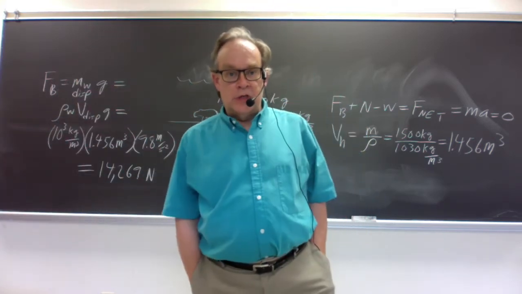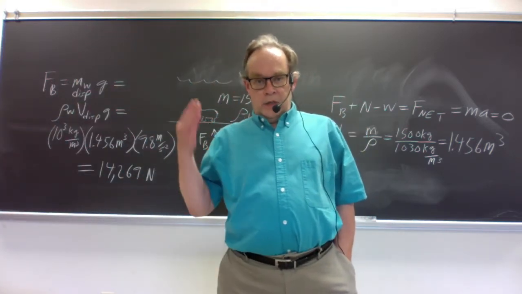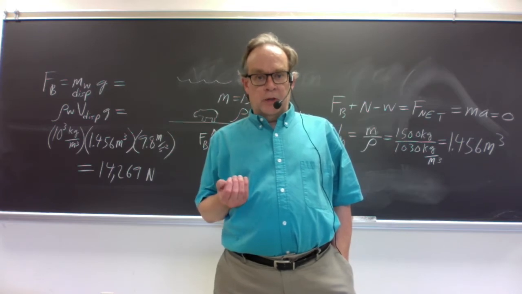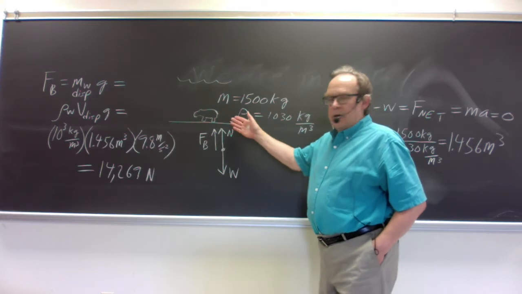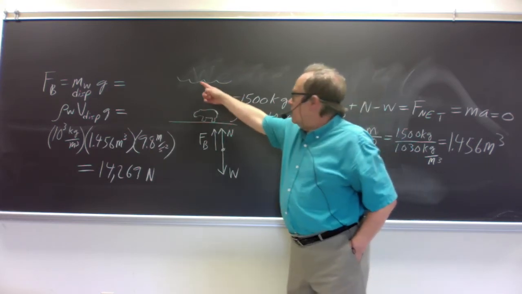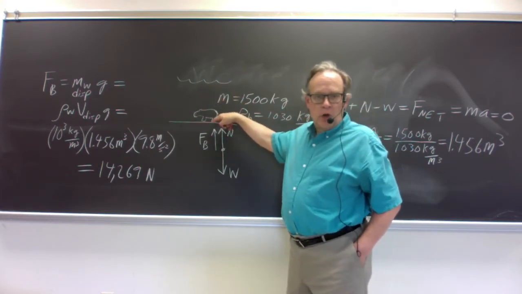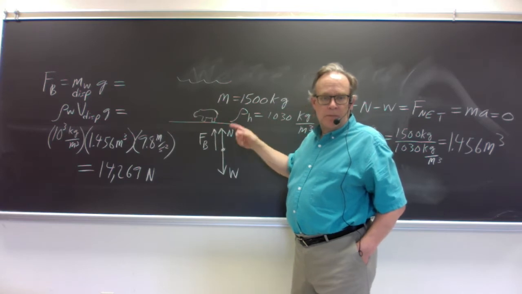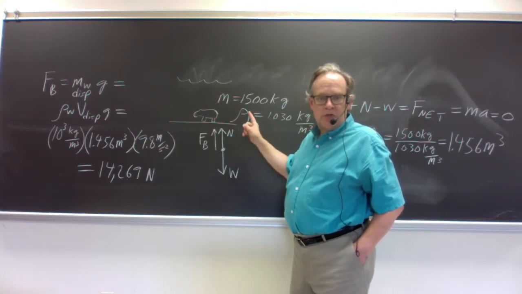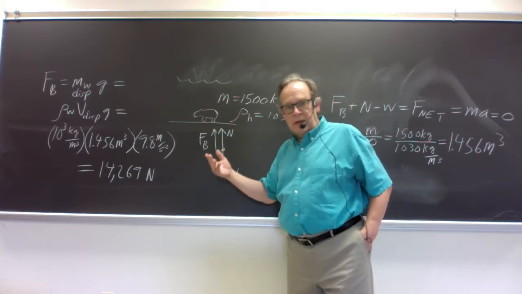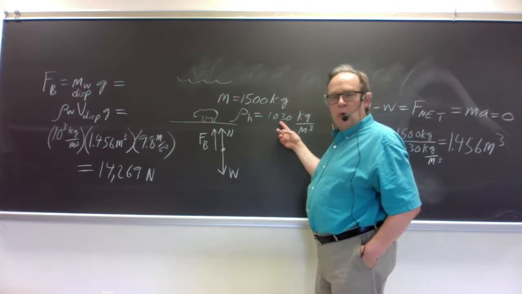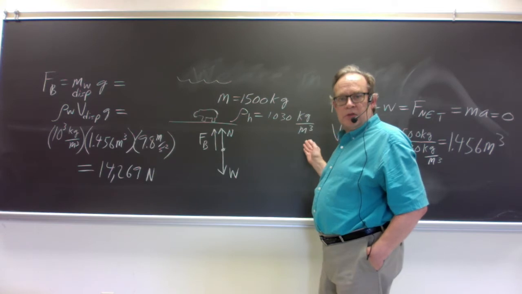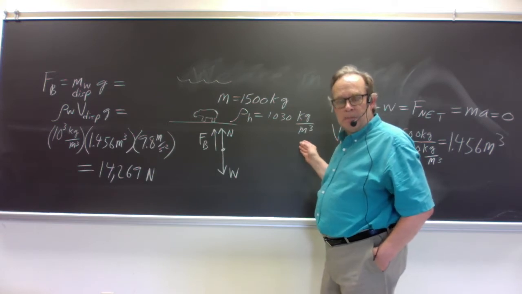Before thinking about fluid flow, here's an example of a problem involving the buoyant force. You've got a hippopotamus at the bottom of the river, just walking along the bed of the river, and the mass of the hippo is 1,500 kilograms, and the density is 1,030 kilograms per cubic meter.